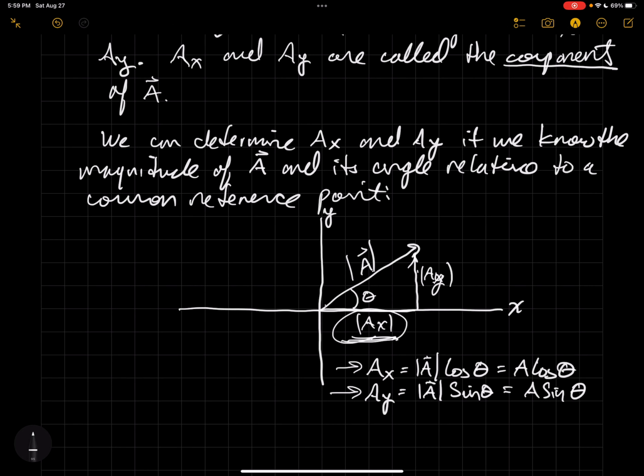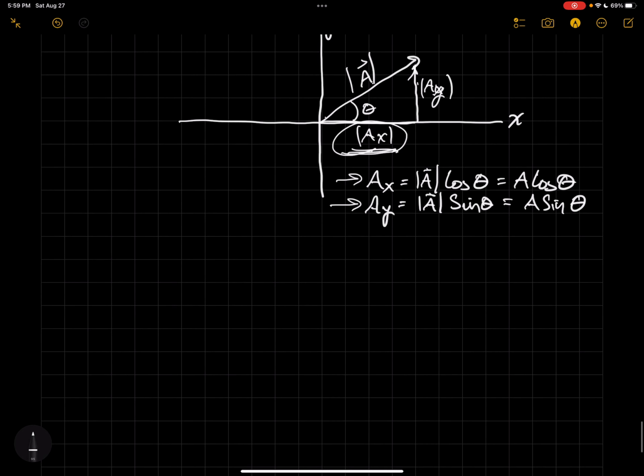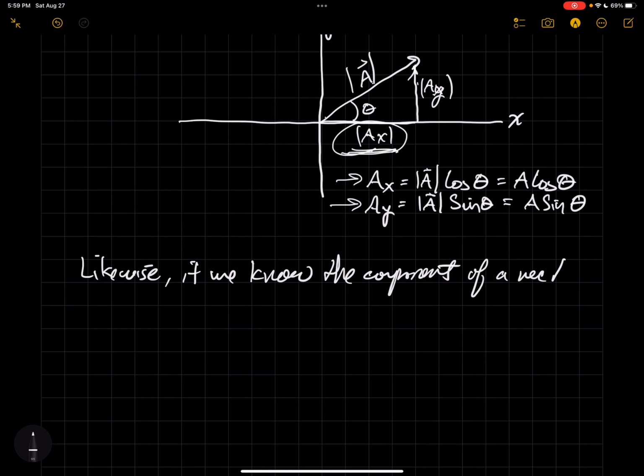Likewise, if we know the components of a vector, we can determine the vector itself.